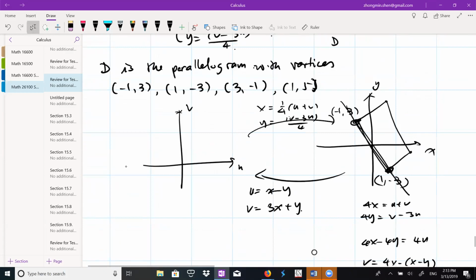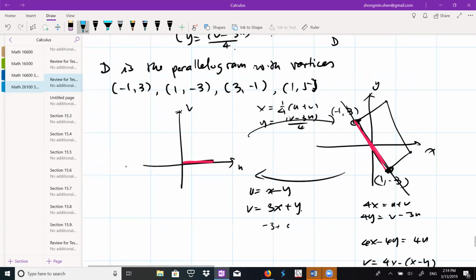So when x equals -1 and y equals 3, v is going to be 0. Okay, v is 0, so this is horizontal. Let me find the pen. So this red line becomes here, v equals 0.